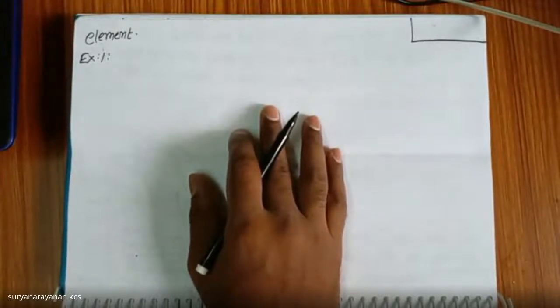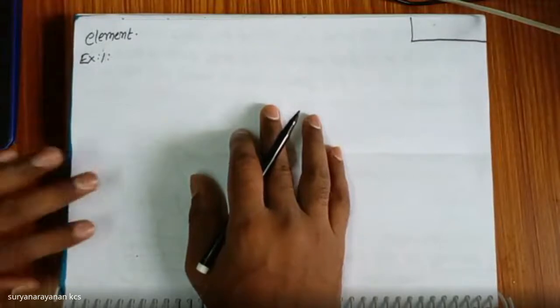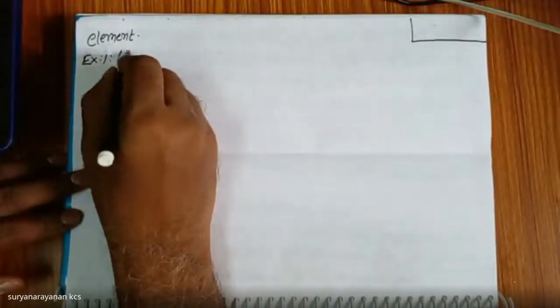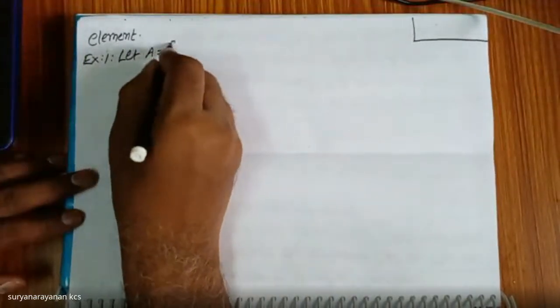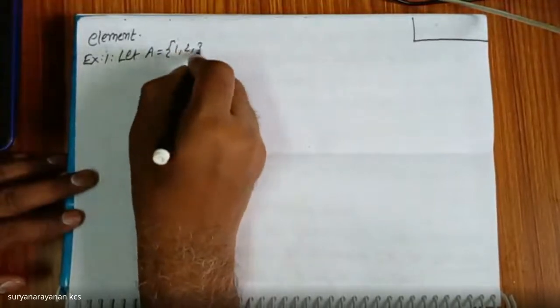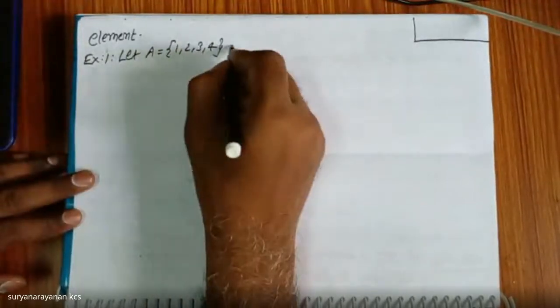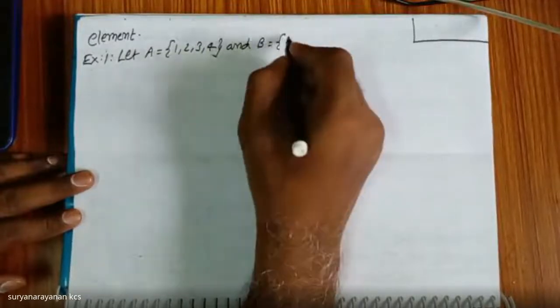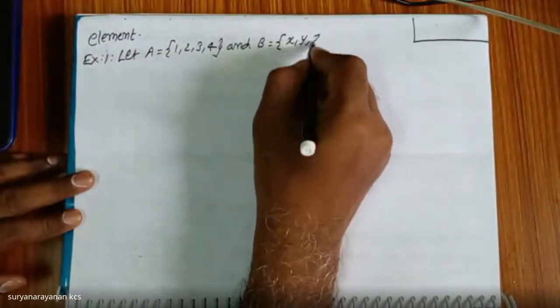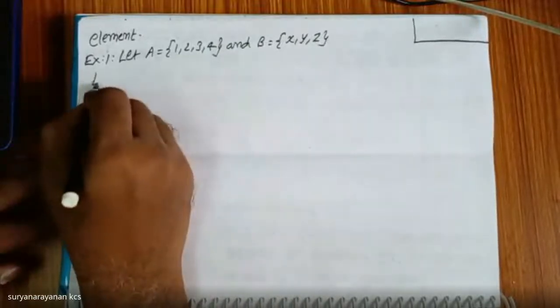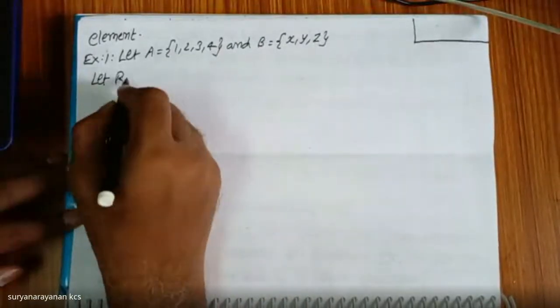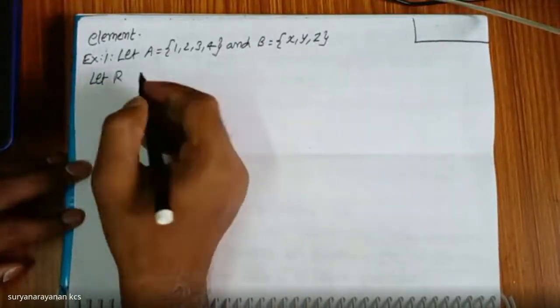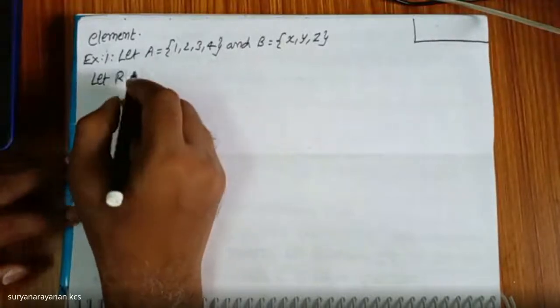Now let us take an example to understand this definition. Suppose that A is equal to the set {1, 2, 3, 4}, and B is equal to a set. Let R1 be a relation.